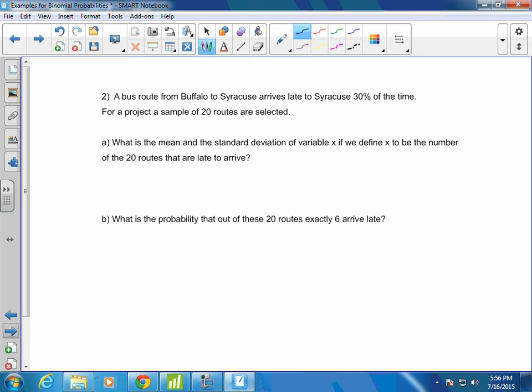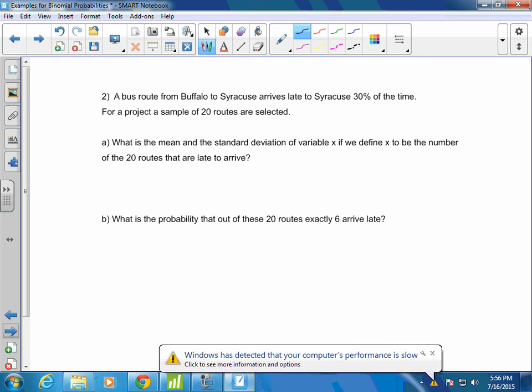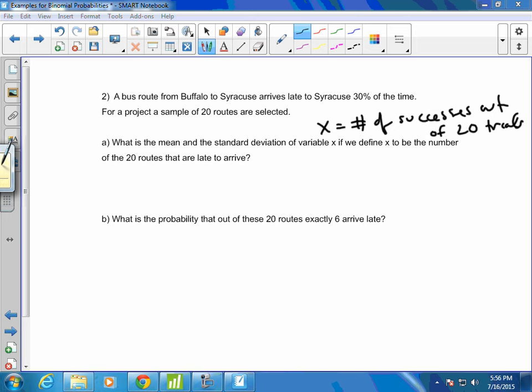Basically, if we let a late arrival be a success, x is the number of successes out of the 20 trials.